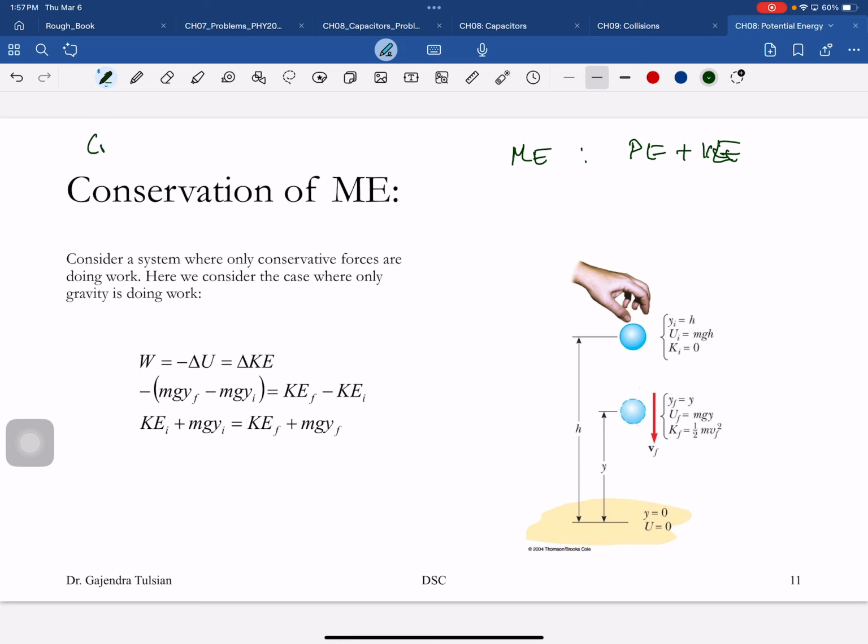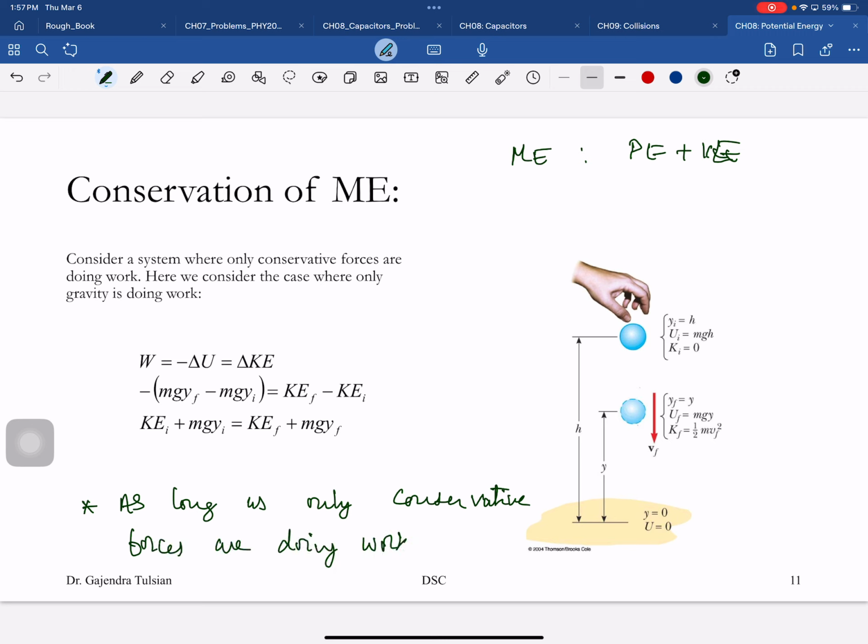As long as only conservative forces are doing work, mechanical energy is conserved. What does conserved mean? So constant. Very good.